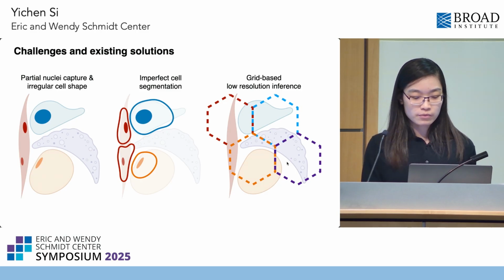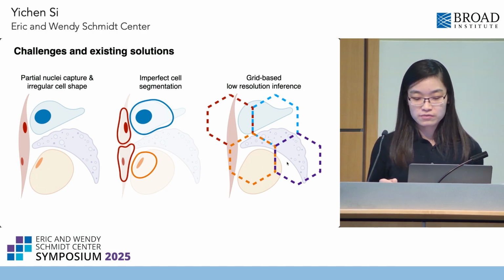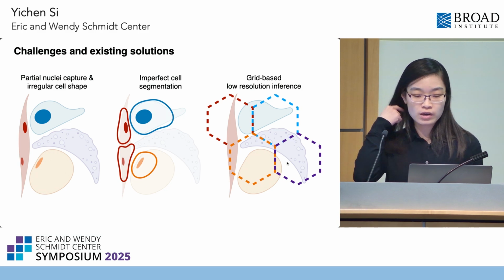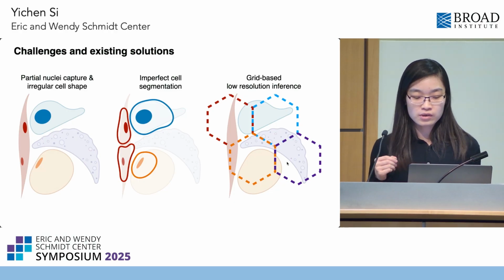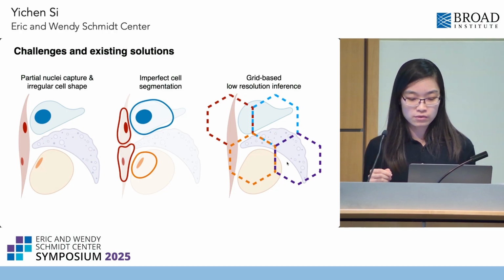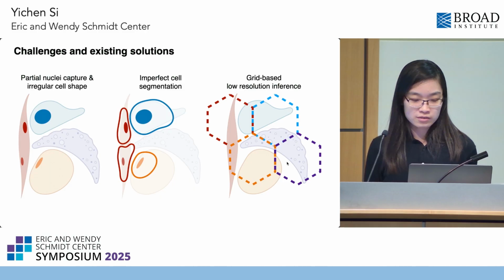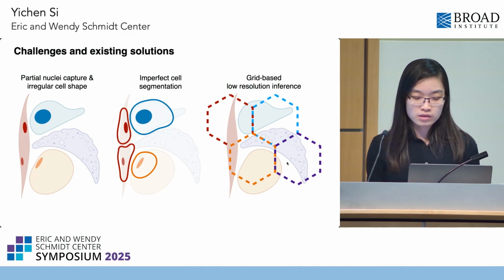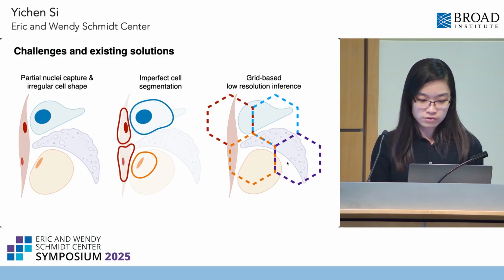Since we are making a two-dimensional section from a three-dimensional tissue, the cross-section of a cell is often of irregular shape, and some cell nuclei may not be captured in this 2D view, and they may be missed from downstream analysis. So there are more technical difficulties in practice that jointly result in imperfect cell segmentation.